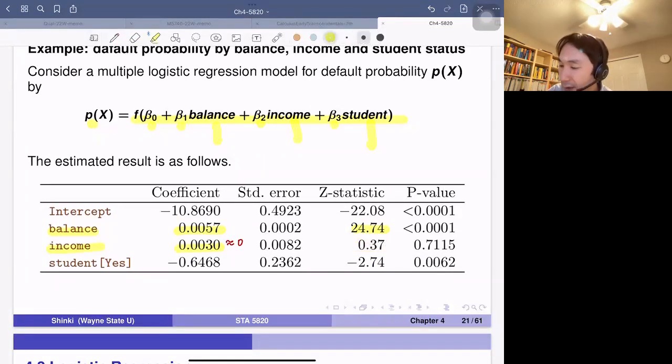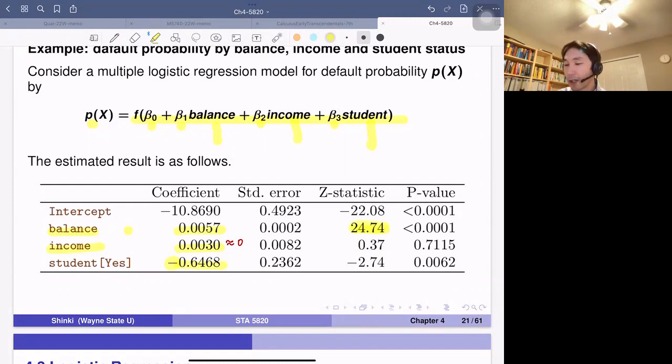And student status is interesting. We have a negative coefficient, 0.64. That means if you're a student, the default probability is actually lower. Last time we didn't have balance, so we didn't have enough information, but balance is really an important factor.